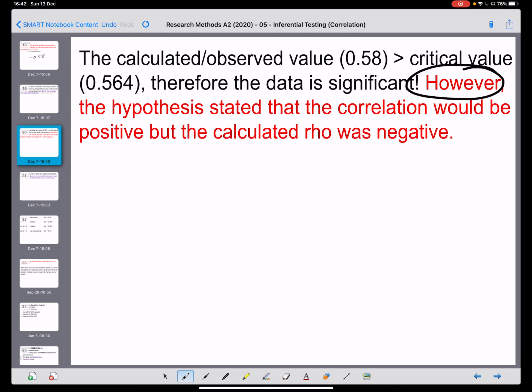However, we would reject it because the value was negative. So it's kind of a weird situation. It's pretty much that the data is significant, but the hypothesis itself potentially was flawed. So it could be that I need to restate my hypothesis and test again. Remember the whole test, retest, how we come up with a theory, either inductive or deductive method, that we need to go back to the drawing board and do it again.